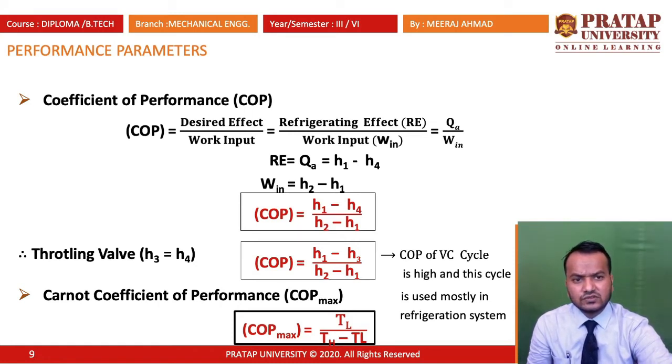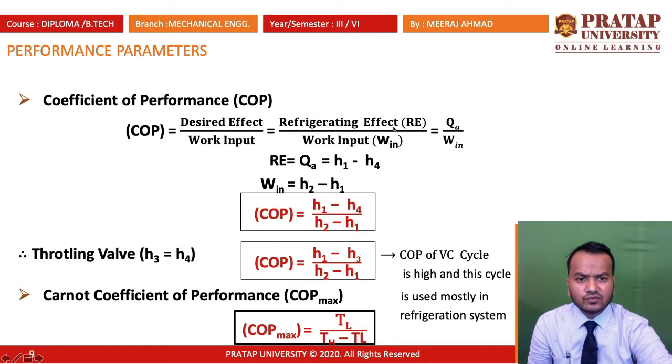These values should be put into the COP formula. So how can you find the coefficient of performance of the VC cycle? You also know that the COP of the VC cycle is the desired effect over the work input. You can also say refrigerating effect upon work input.